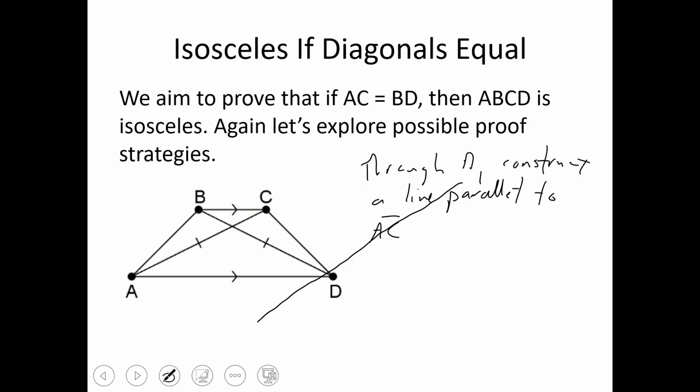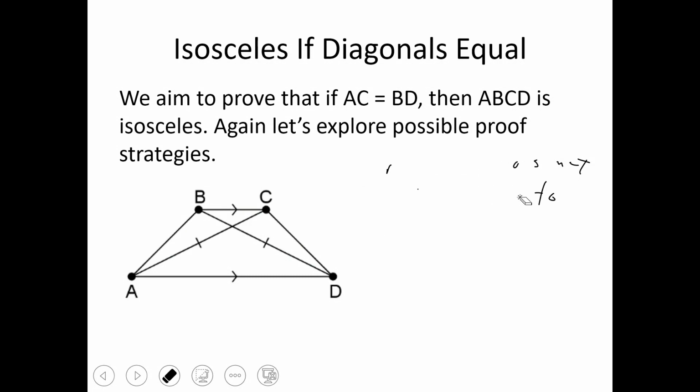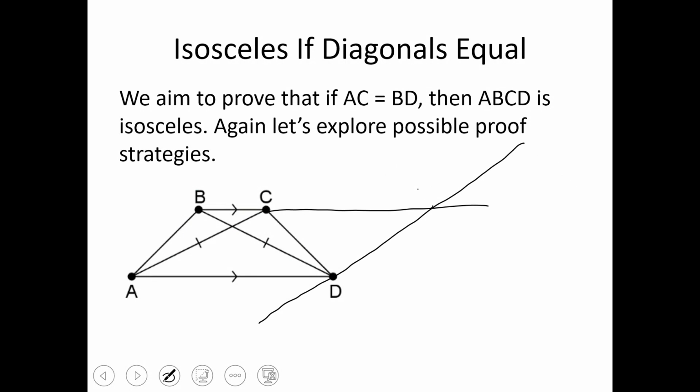And then let us extend BC. I'll tell you what, I'm going to erase this because it's going to be a bit of a mess. I'll just talk through it. You'll be able to follow, I'm sure. Through D, construct a line parallel to AC, and then extend BC out to the point of intersection with this construction, and we'll say that they intersect at point E.